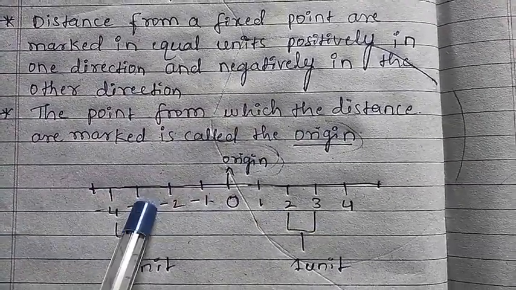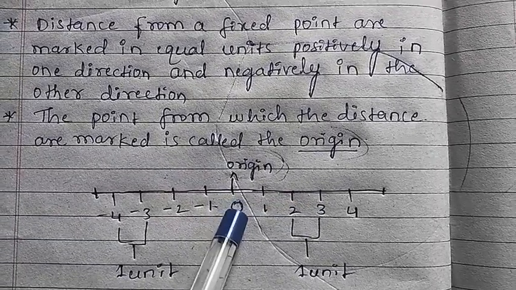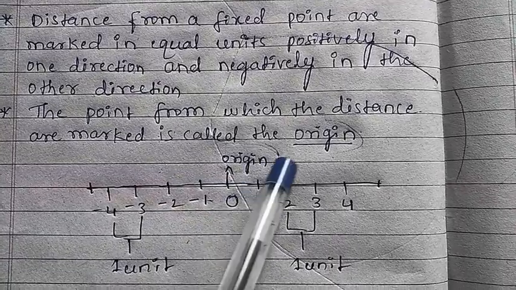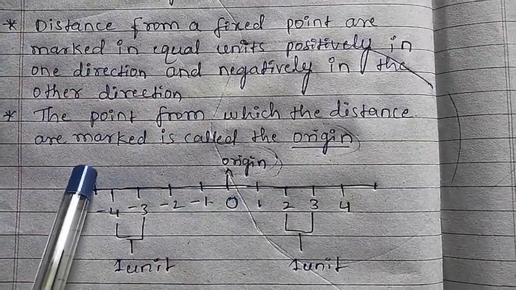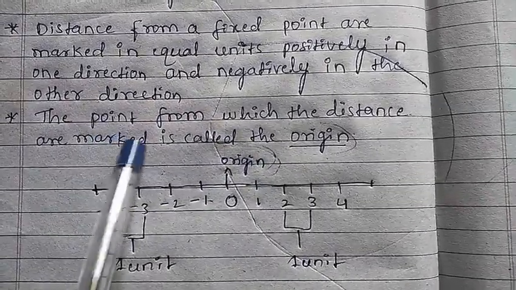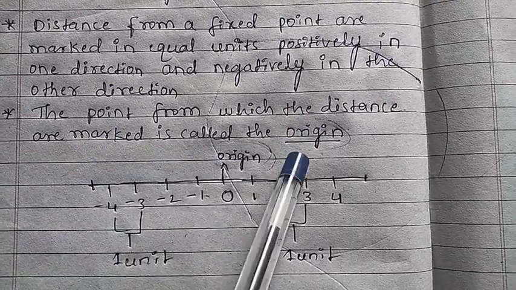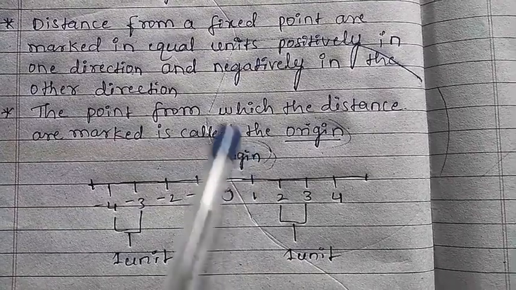These left and right side points are marked from the center point. For this point, what will we call it? The origin. Remember, the point from which the distances are marked is called the origin.